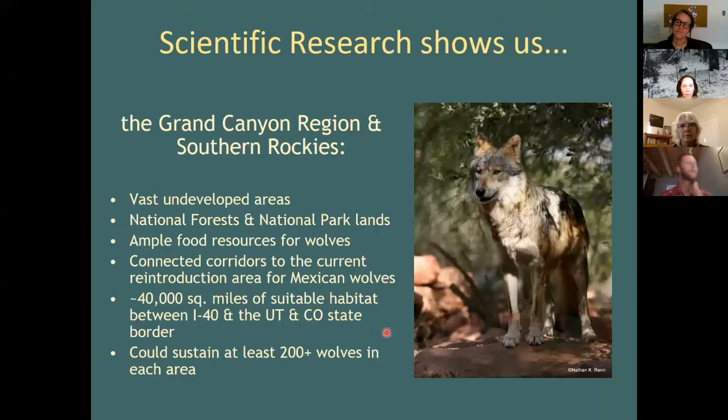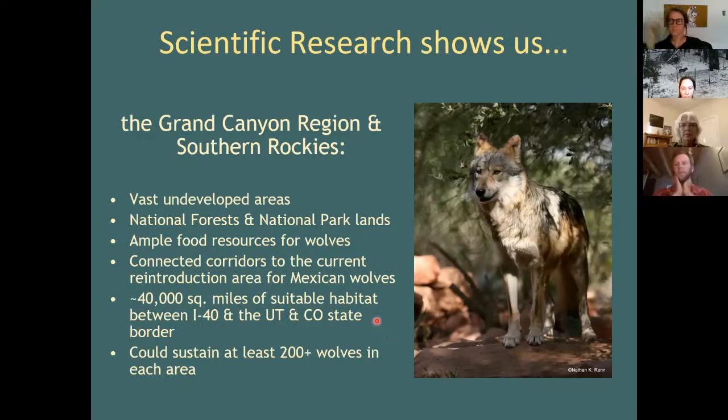And there's been, over the last 20 years, a body of scientific literature that's been published showing that the Grand Canyon region and the Southern Rockies are excellent wolf habitats. So there's vast undeveloped areas. There's public land in both national forests and national park lands. There are ample food resources, such as elk and deer, for the wolves to eat.